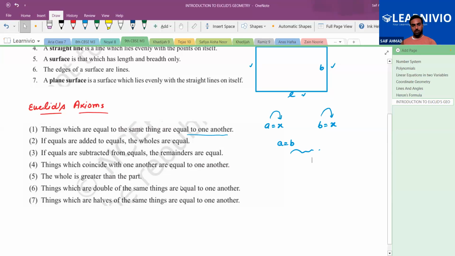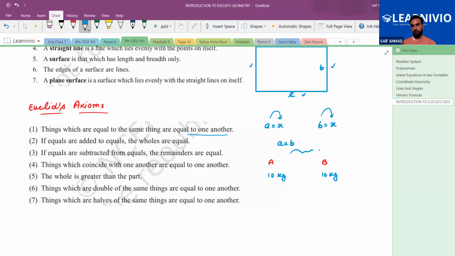Now the second axiom is: if equals are added to equals, the wholes are equals. What does it mean? For example, two boys A and B have a weight of 10 kilogram. Same weight.